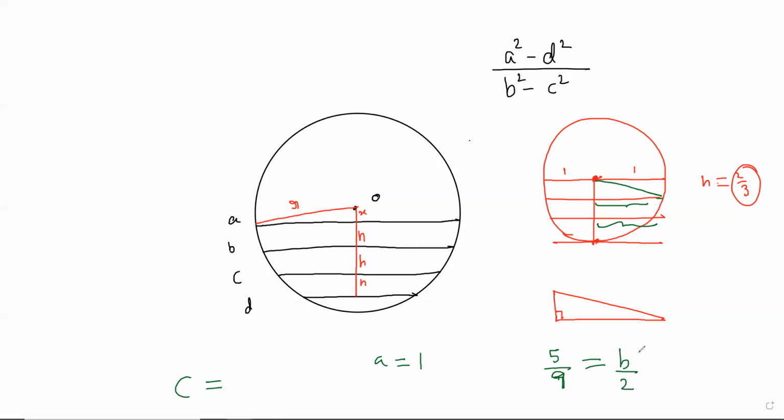Sorry, I'm just being stupid. So B by 2 whole square is this. So this is 20, right? And A square by 2 is 1. So B square by 2 is 10 by 9, right?